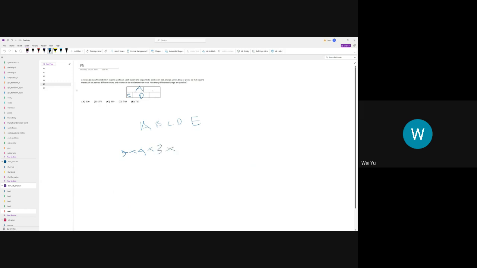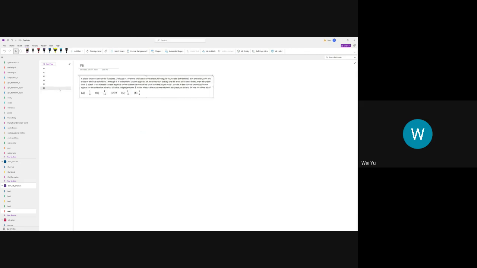There are also 3 ways to choose this region up here because it can't be A, 3 times. Suppose it's E. And lastly, there are 3 ways to choose the last region because it can't be D or E. For example, we can let it be A, B. And this is equal to 540.